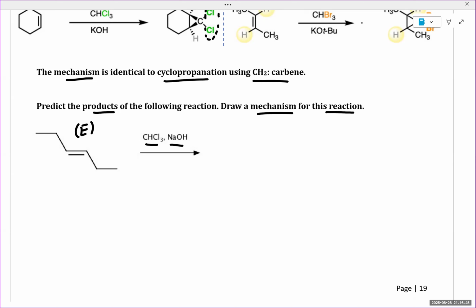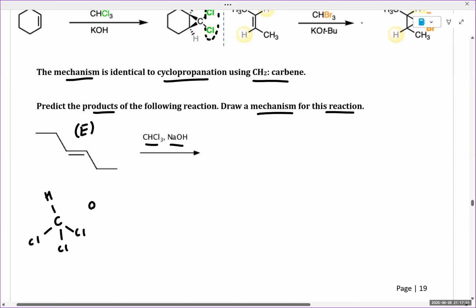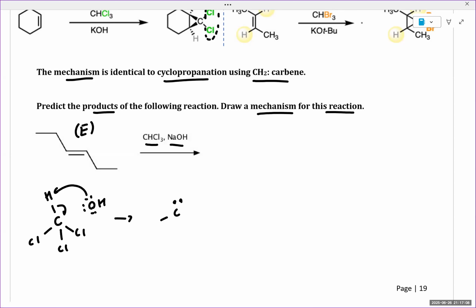Okay, so first and foremost, we need to make a carbene. So easiest way to do that, because we have chloroform, first, hydroxide is going to pull off this proton. Chloroform is somewhat acidic.